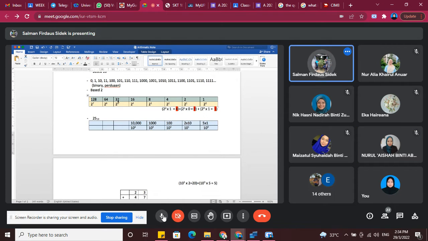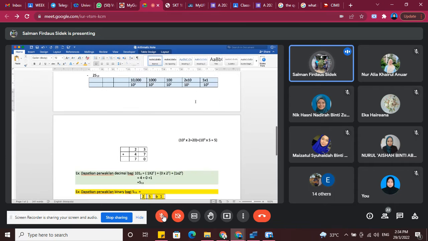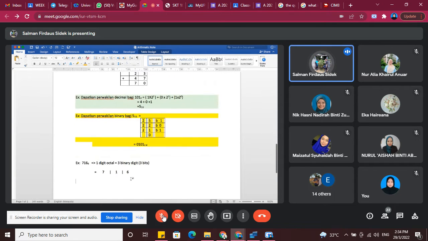4 plus 2 plus 0. Ingat nombor belakang kena ambil, bila you sebut, you kena sebut belakang juga. So kita start from back side, bahagian belakang. So 4 plus 2 plus 0, so it's 6. So we are using 4, we are using 2, we are not using 1, so it's 6.